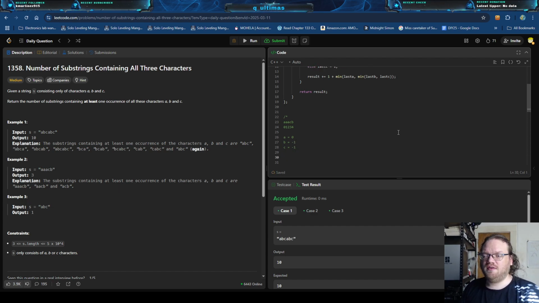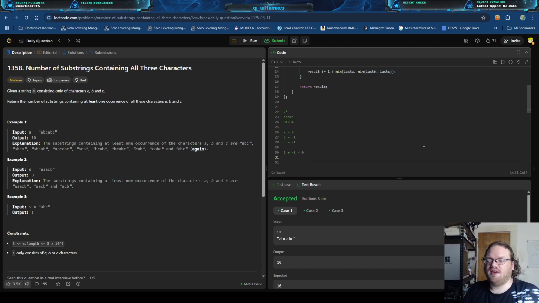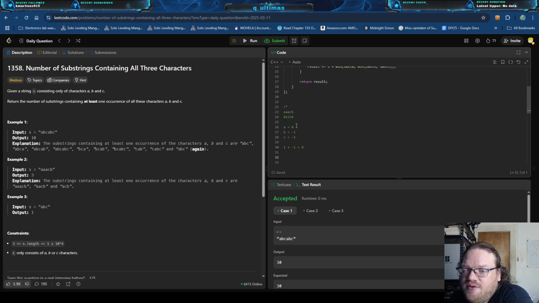So if we go 1 plus -1, it's equal to 0. And that just says that, hey, we haven't found all three values yet because we still have negative ones. So it just negates the negative one. Same thing if we set A equal to 1, there's still negative 1. A equals 2, still negative 1. C equals 3, negative 1 because of B.